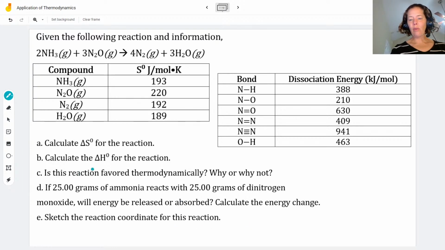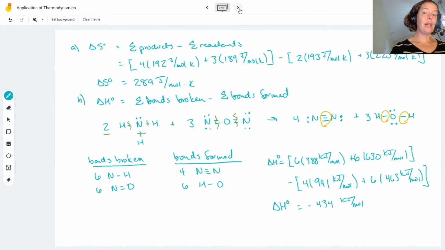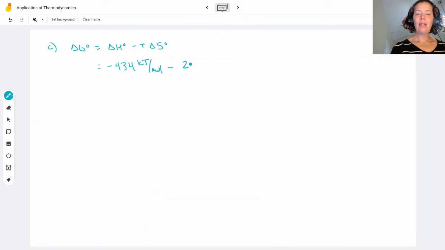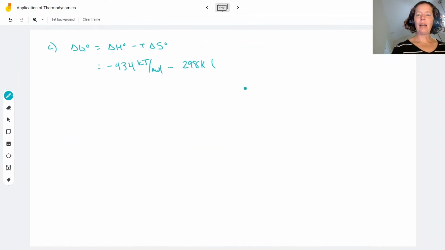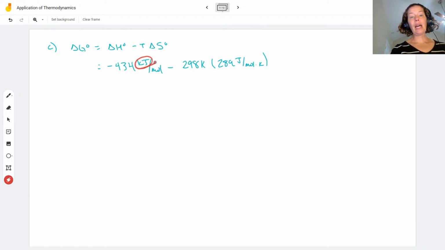When we're not given a specific temperature, then you want to assume that you're at 25 degrees C, which is 298 Kelvin. And then we want to plug in our delta S, which we also calculated at 289 joules per mole K. Once again, we've got to be careful because we have a mismatch here in units.